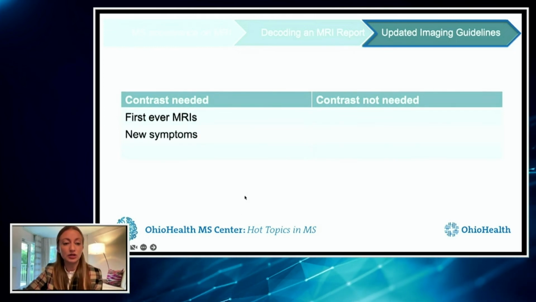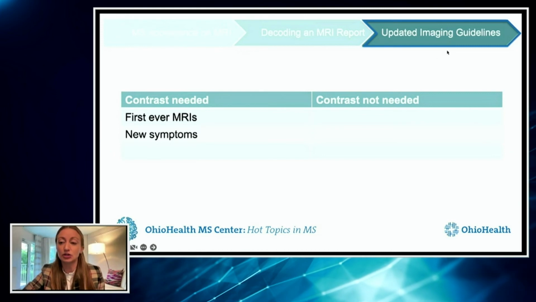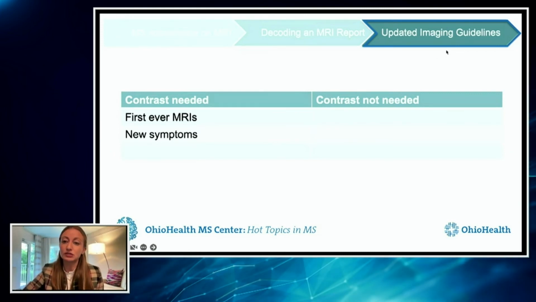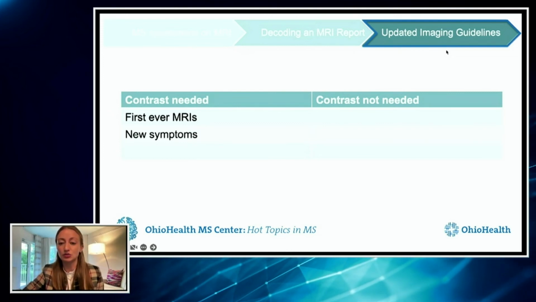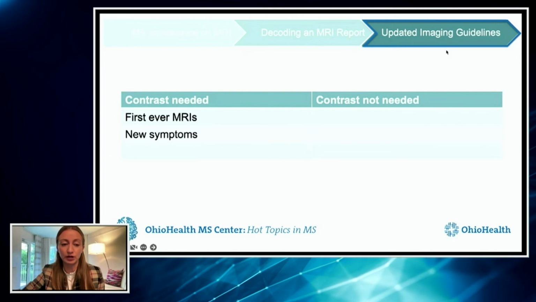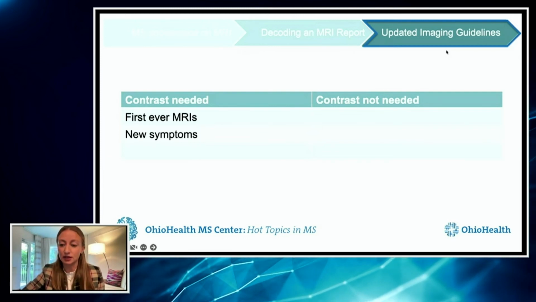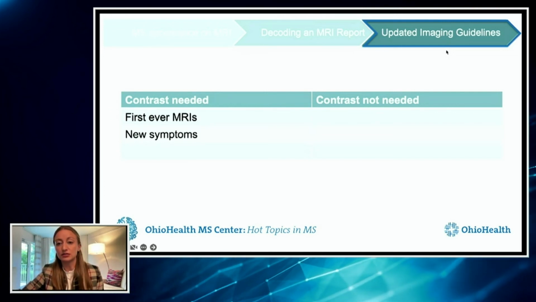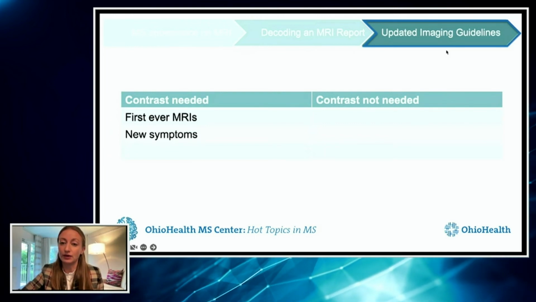Another scenario where contrast is needed is if there are new symptoms that are concerning for an inflammatory relapse. So not just any new symptoms, but specifically new symptoms that we can localize to a certain part of the brain or spinal cord, that last more than 24 hours consistently, and that are not because of an old MS spot causing a flare-up of old symptoms, which is sometimes referred to as a pseudo-relapse.